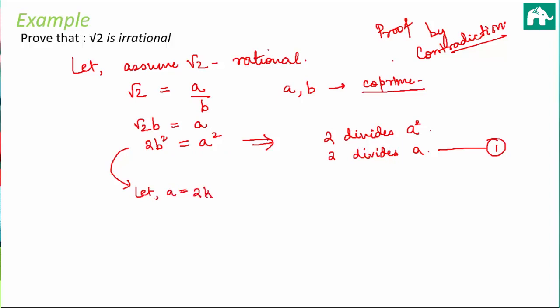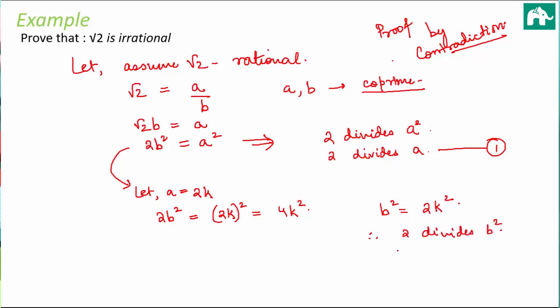Then 2b square will be equal to 2k whole square, that is 4k square. Looking at this, b square is equal to 2k square. That means 2 divides b square. Since 2 divides b square, 2 also divides b, and that is our second conclusion.